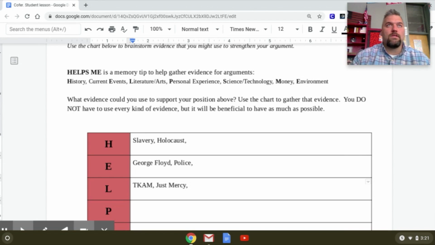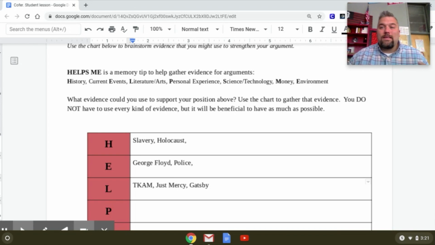Any other ones that you could think of? We could throw Gatsby in there because Gatsby is stereotyped because he has money, so he's expected to act a certain way, where he really isn't this type of person. So those are just a few. You could obviously throw in a ton more here.